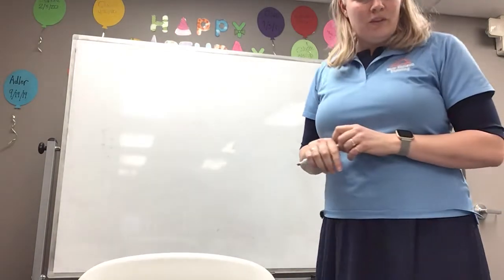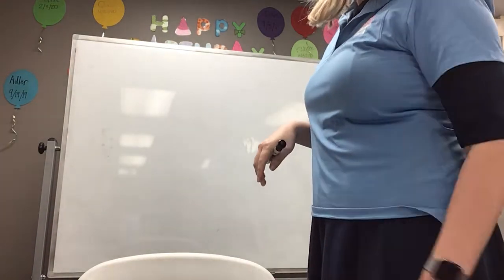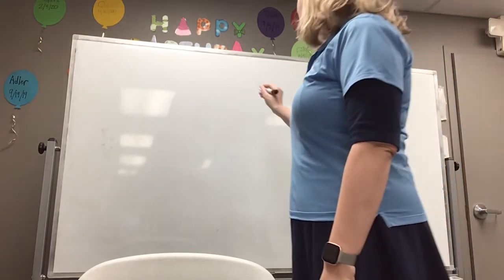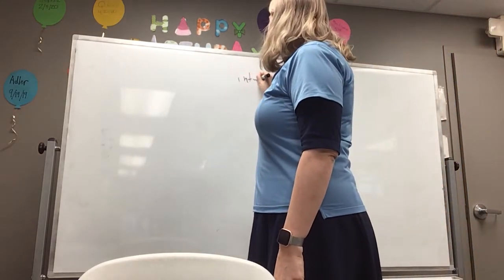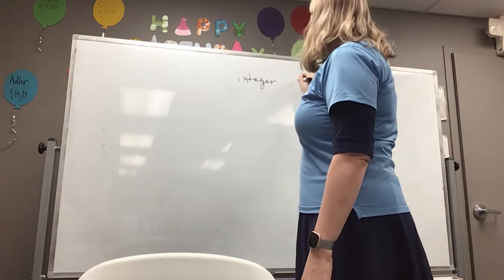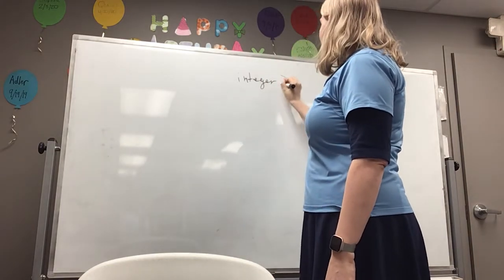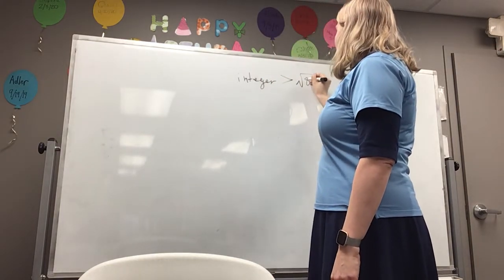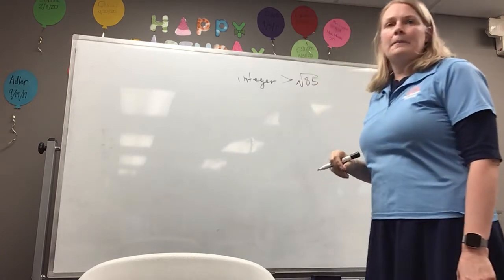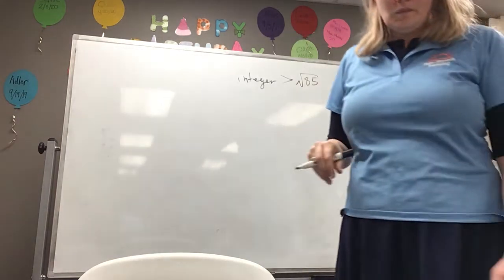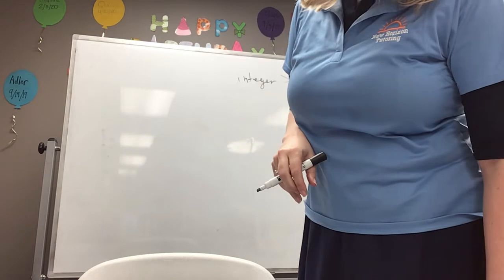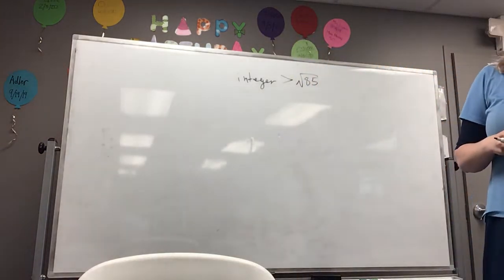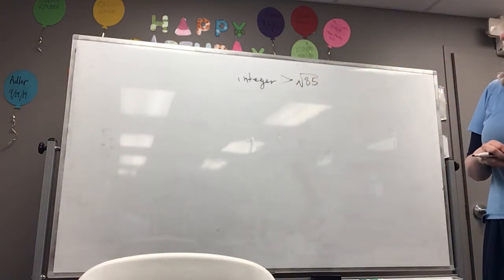And so this one starts pretty easy. It says, what's the smallest integer greater than the square root of 85? Two ways to do this.